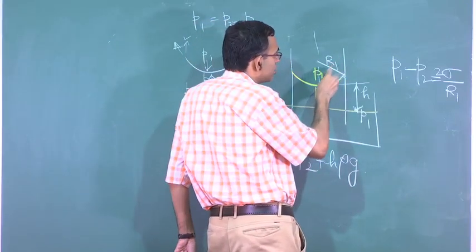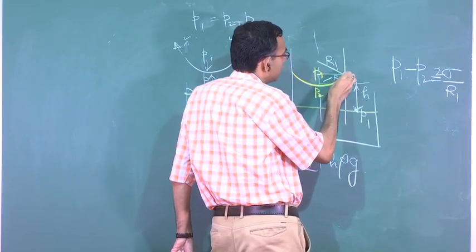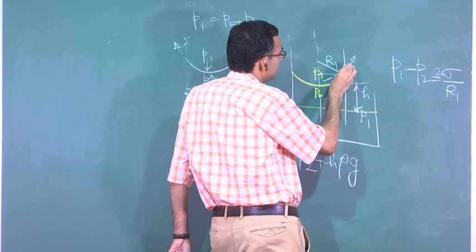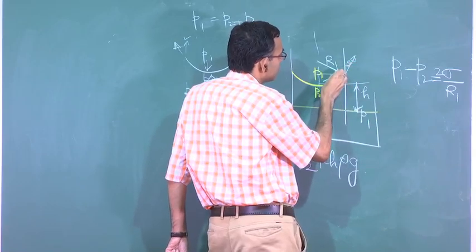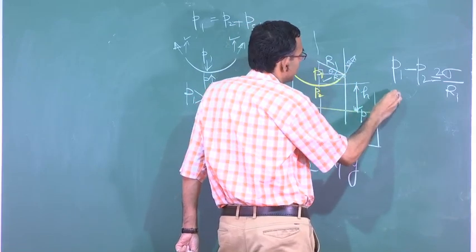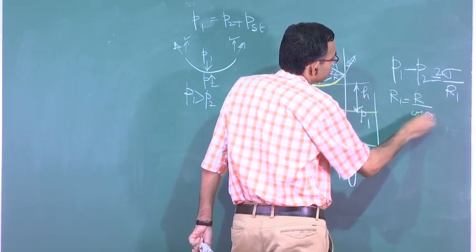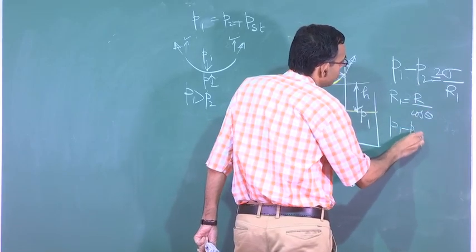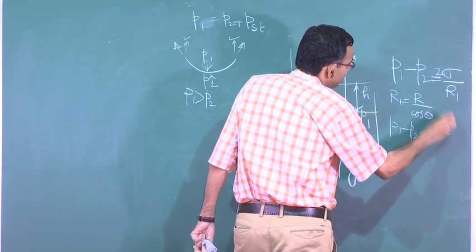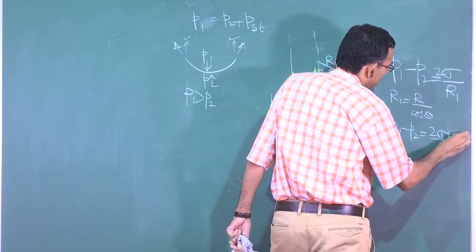So r1 is not the radius of the capillary tube. The radius of the capillary tube is r, and if this is the contact angle theta, you can write from the right angle triangle that r1 is equal to r by cos theta. So, P1 minus P2 is equal to 2 sigma cos theta by r.